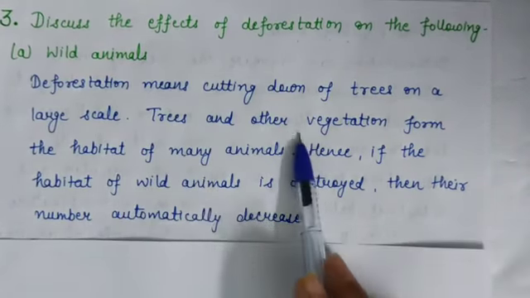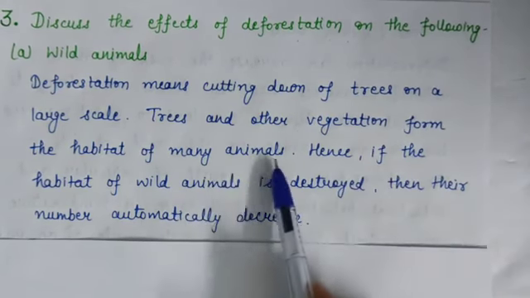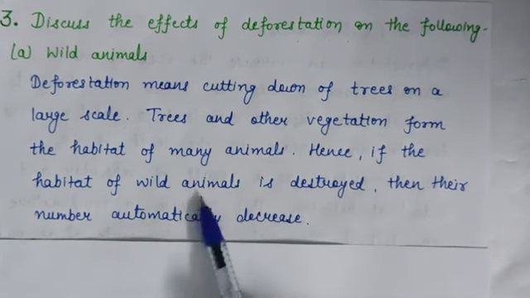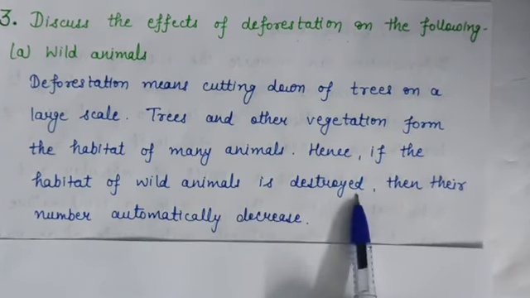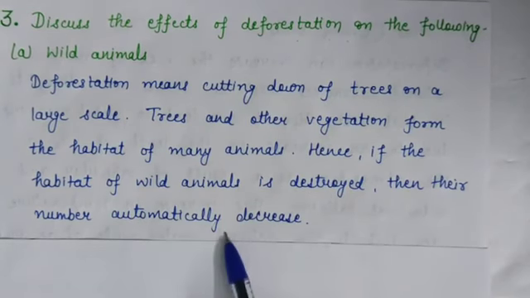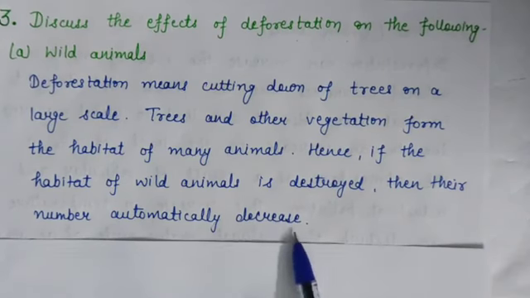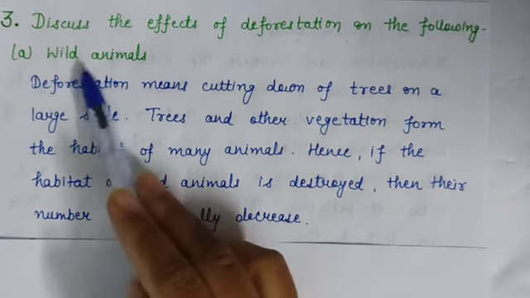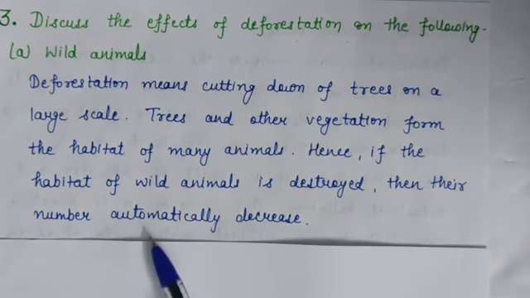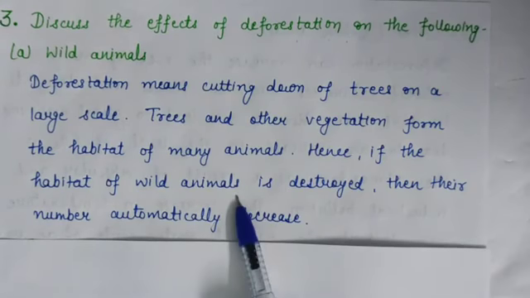Trees and other vegetation form the habitat of many animals. Hence, if the habitat of wild animals is destroyed, then their number automatically decreases. So, in this way, deforestation affects the wild animals. Deforestation will decrease the number of wild animals.